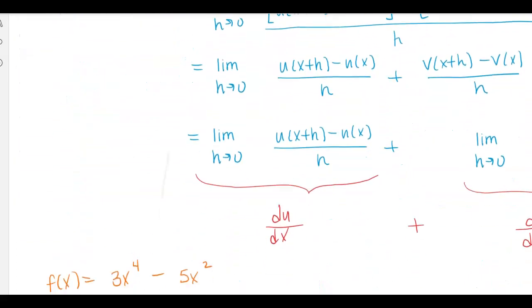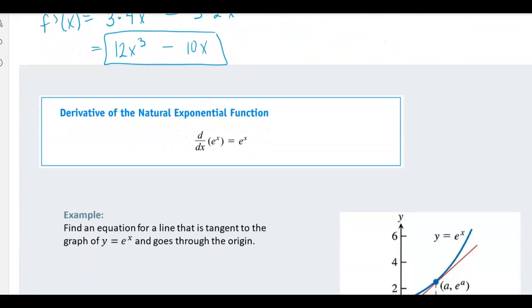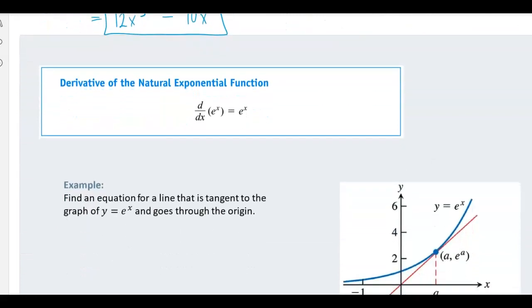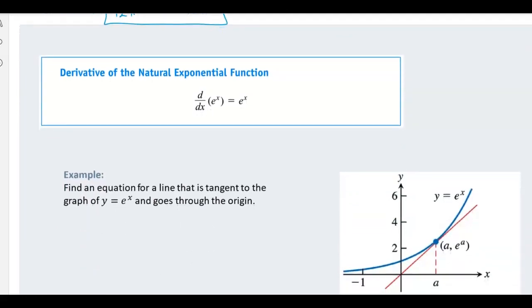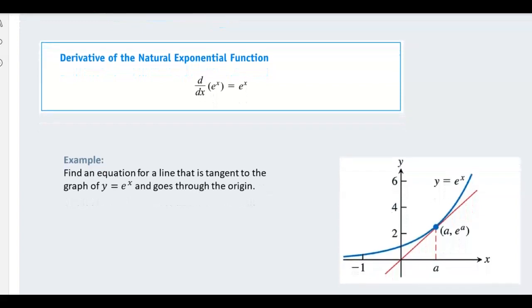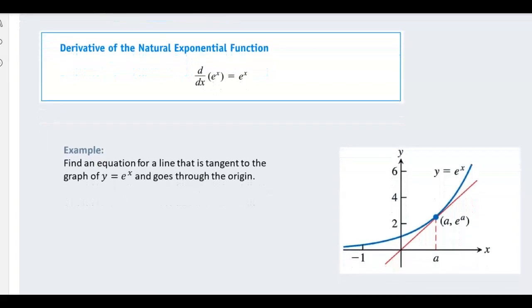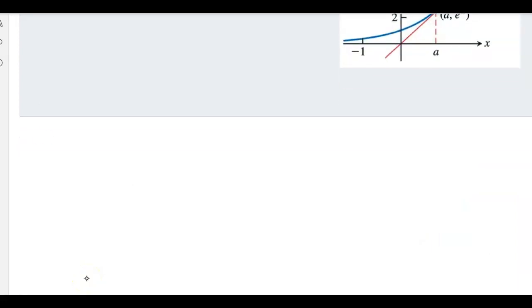All right, our final rule for this part of the video is finding the derivative of the exponential function. So let's let the function be e to the x power.